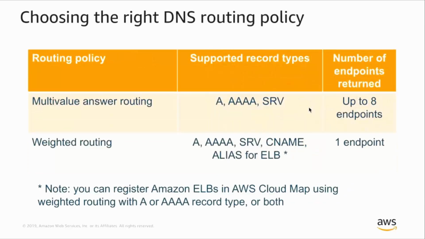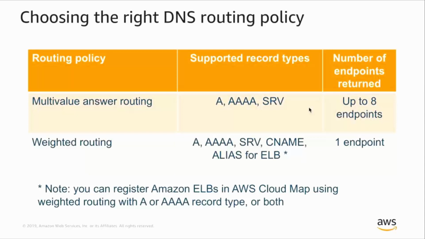And speaking of DNS, it's also important to understand the difference between two routing policies that we support and provide today. The first one is multi-value answer routing, and in that case, you can register your IPv4 or A records, IPv6 addresses, that's Quad A, or SRV records if you have IP and port combination.